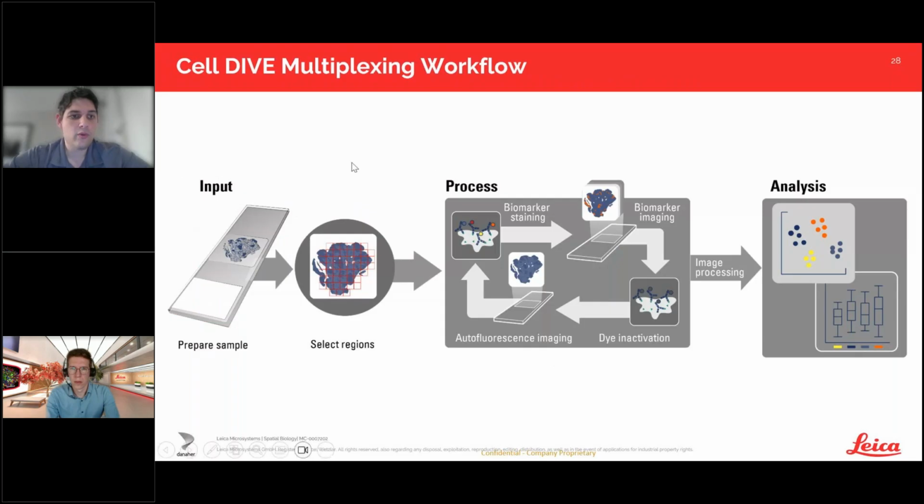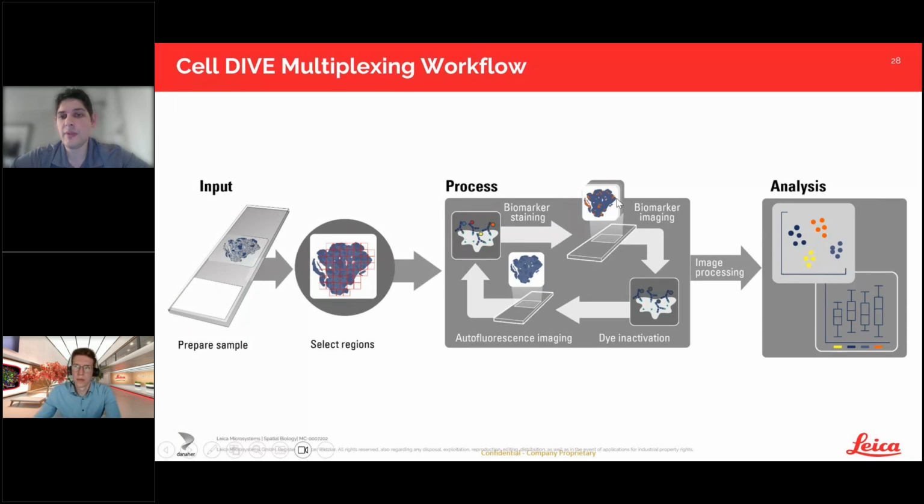And this is the overall workflow here. We start with FFPE tissue sections or tumor microarrays, and we prepare those according to standard immunohistochemistry processes. We bring those into the CellDive imager, and we select the regions that we're interested in imaging. And then we begin an iterative staining process to build up the biomarker images. We achieve that by staining the tissue with 4 antibodies directed against biomarkers of interest, each of which is bound to a different dye.